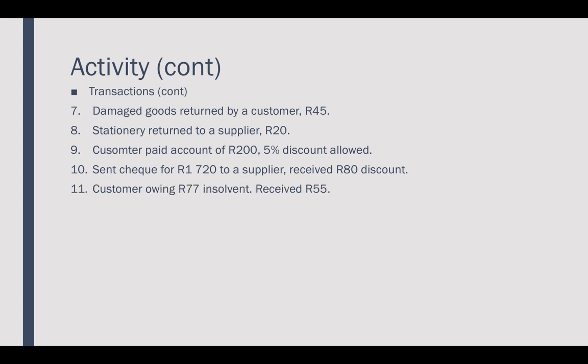Number 11. A customer owing 77 Rand is insolvent. You received 55 Rand. Well, if you received cash, that's pretty straightforward. You'll put that into the cash book receipts for debit bank and credit the debtor. However, what about that remaining 22 Rand?